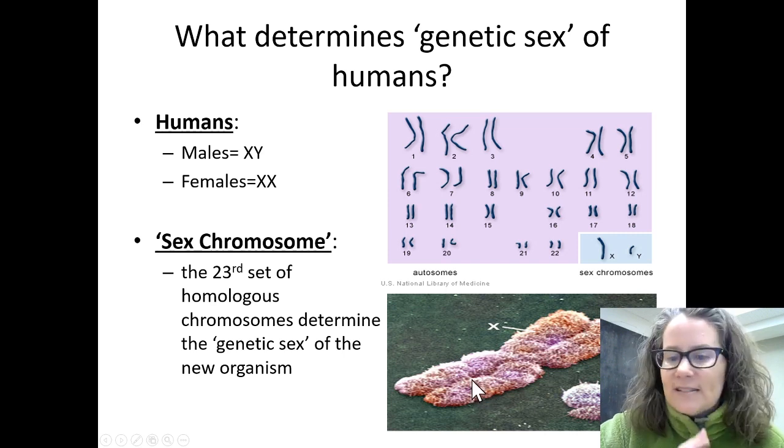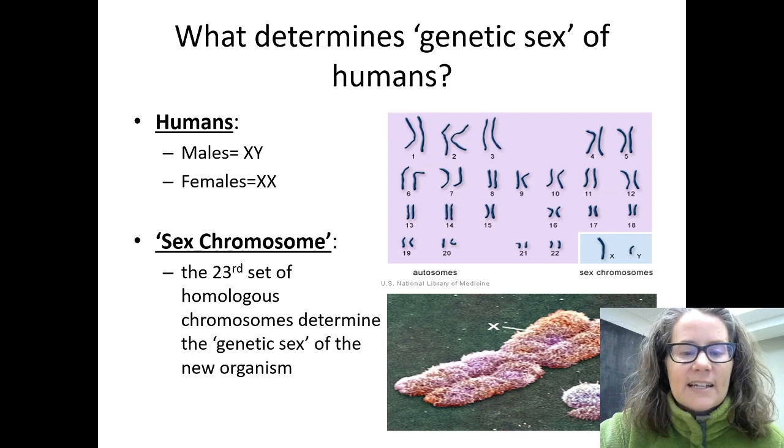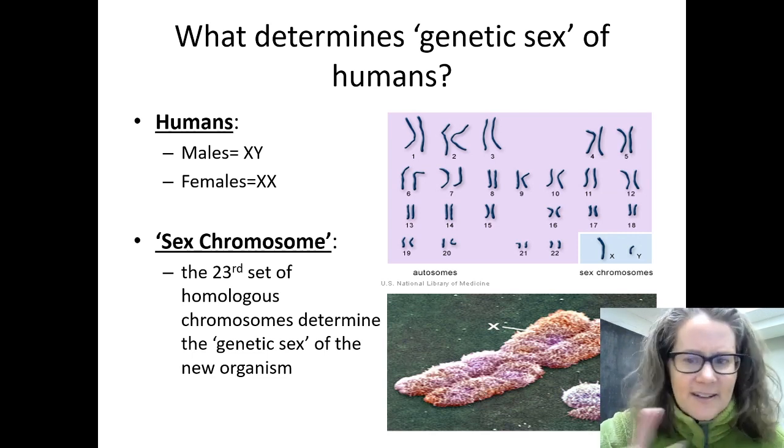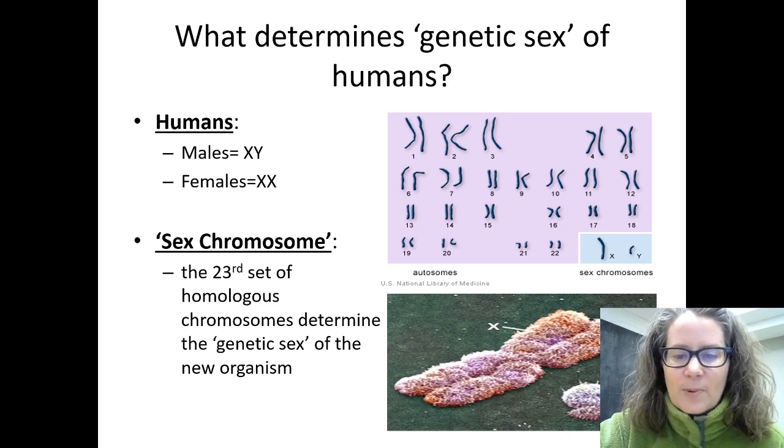It carries some genes that have to do with primary and secondary sexual characteristics, but also some other stuff like color vision, right? That has nothing to do with your primary or secondary sexual characteristics. Y, on the other hand, is this short piece over here that only what we would consider genetic males to have. And so up here, we will often write males as XY. They contain one long and one short 23rd chromosome.